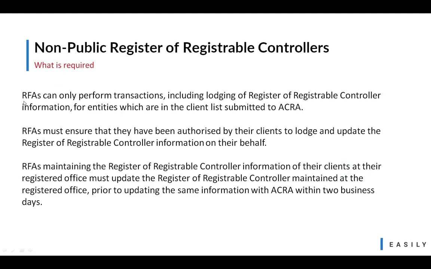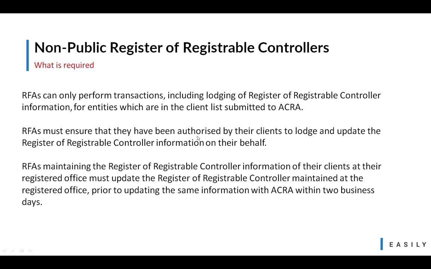So RFAs, which is registered filing agents, can only perform transactions, including lodging of register of registrable controller information, for entities which are in the client list submitted to ACRA. So we actually have to get your authorization as well. For our clients, we would have them on our client list. There's actually a client list which we must maintain telling ACRA who our clients are.